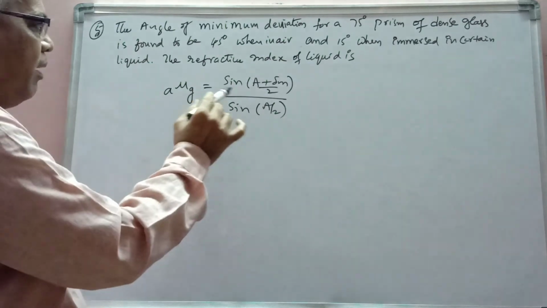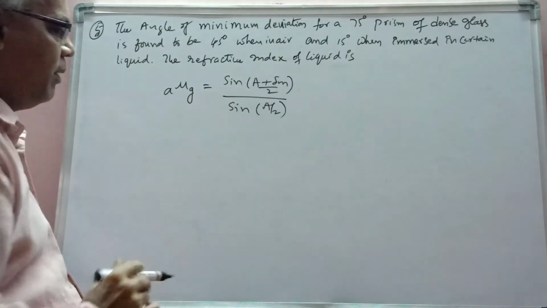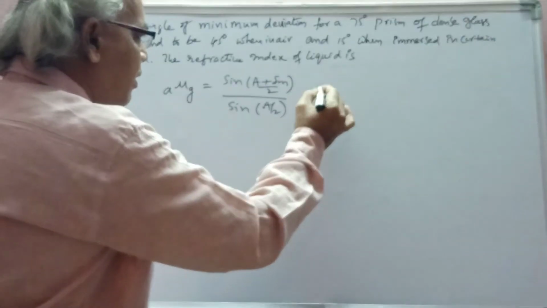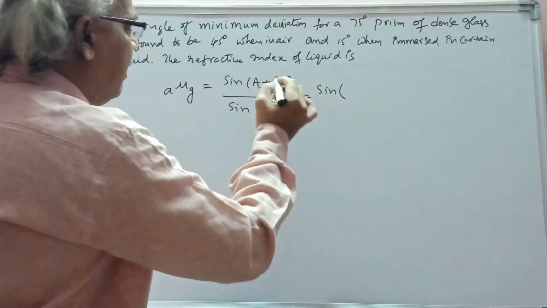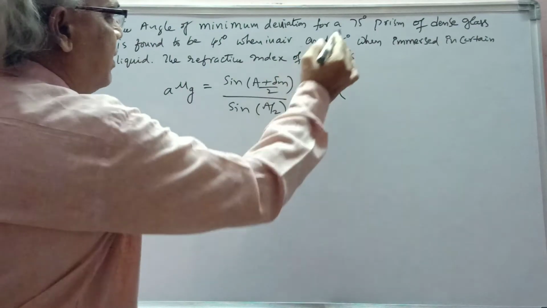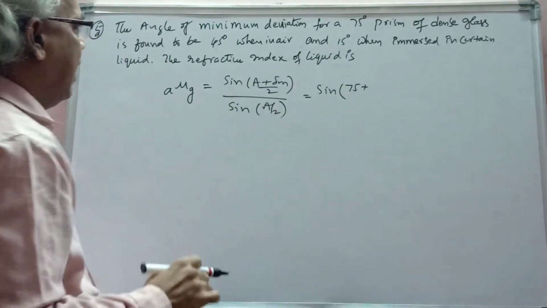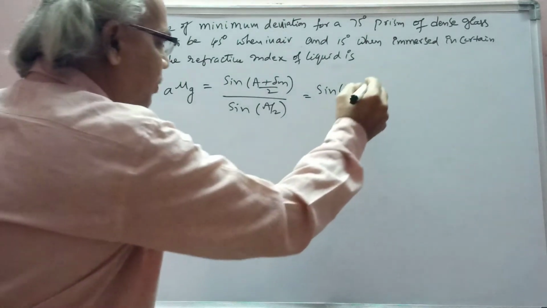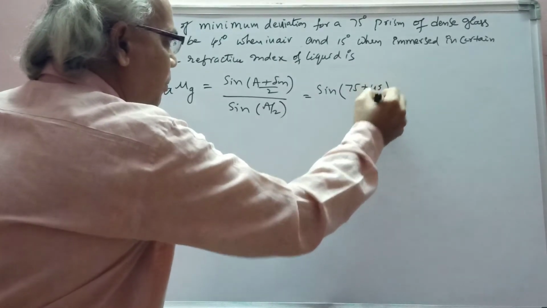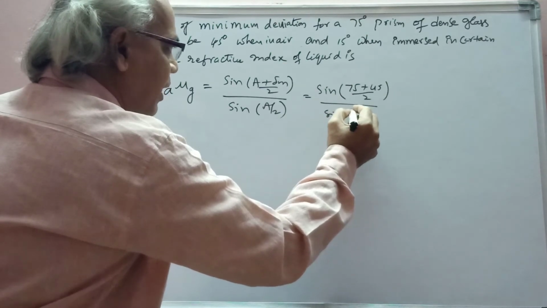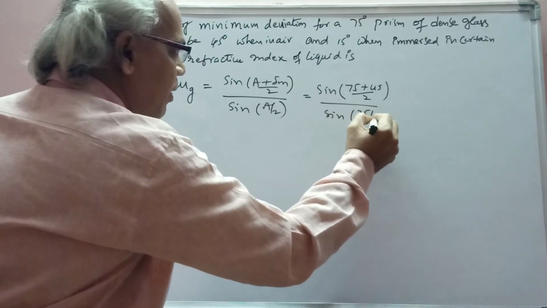Here A is 75 degree, and the angle of minimum deviation is 45 degree, so sin of (75 plus 45) by 2 by sin 75 by 2.